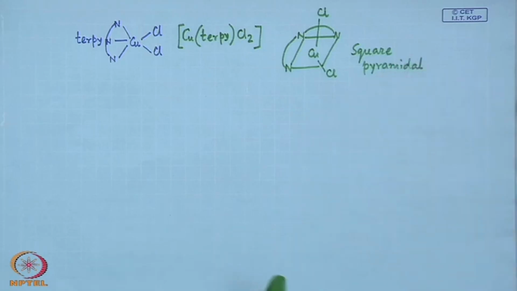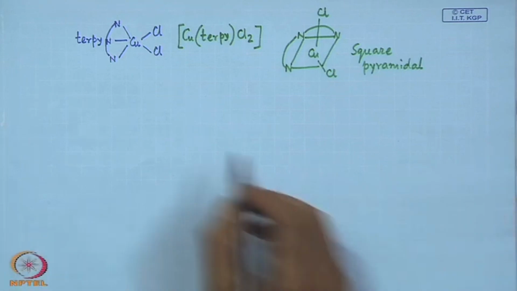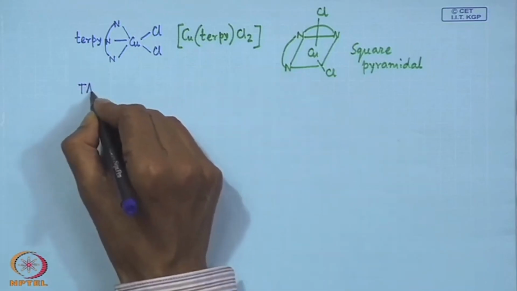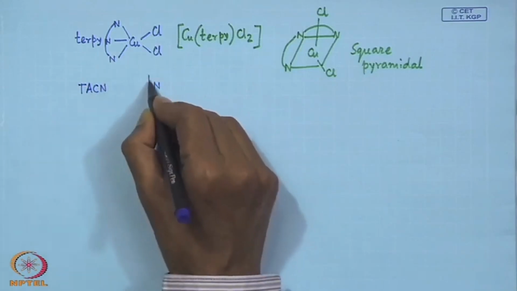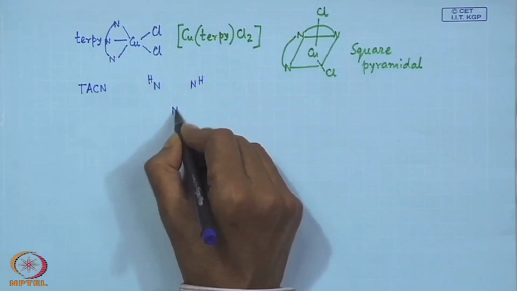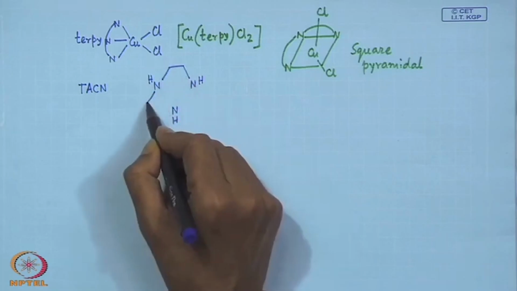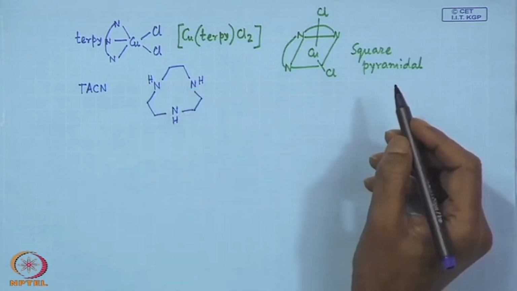in geometry. So, why are we classifying all these ligands in different categories? Because if we go for the TACN ligand, we have 3 NH groups which are more or less in one particular plane and which are connected by an ethylene backbone.